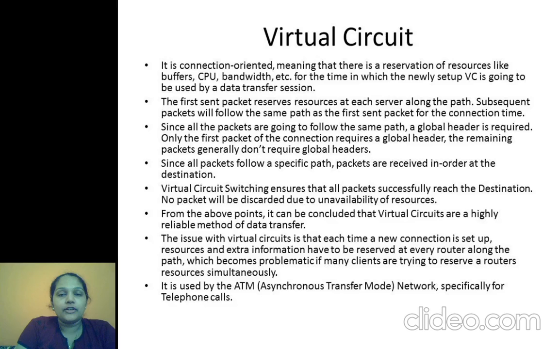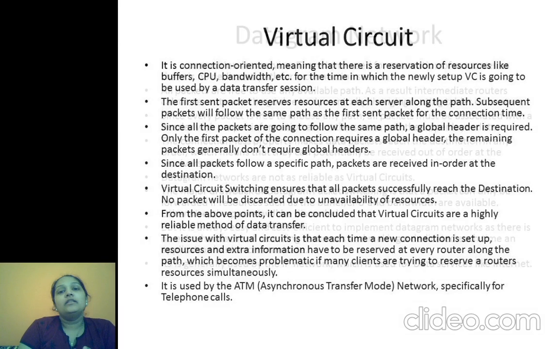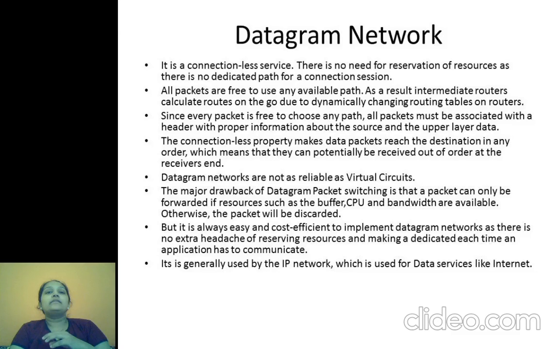In the virtual circuit, we add a global header for only the first packet. All other packets are sent along the same path. But in the datagram network, you should add a header and the destination address to each and every packet.